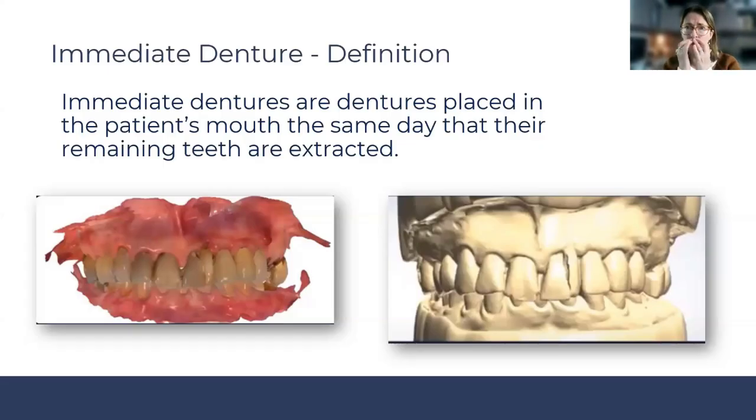You just want to make sure that you get that buccal vestibular muscle. On the lower, make sure you get that retromolar pad. And on the maxillary arch, make sure you get posteriorly enough to capture the vibrating line and the maxillary tuberosities, the hamular notch. Those are going to be key points.